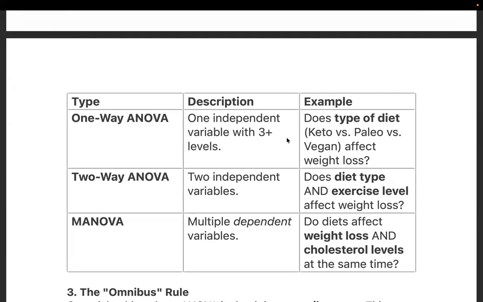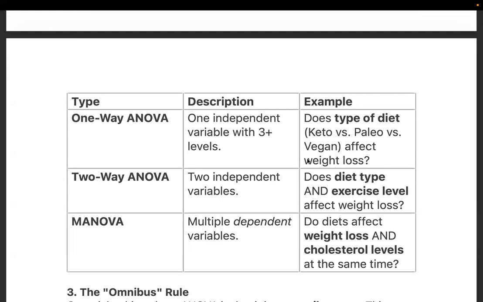Let's say, for example, keto versus paleo versus vegan. Three diets, so there are three groups: keto, paleo, vegan. And we have only one independent variable, which is the type of diet. Does it affect weight loss?